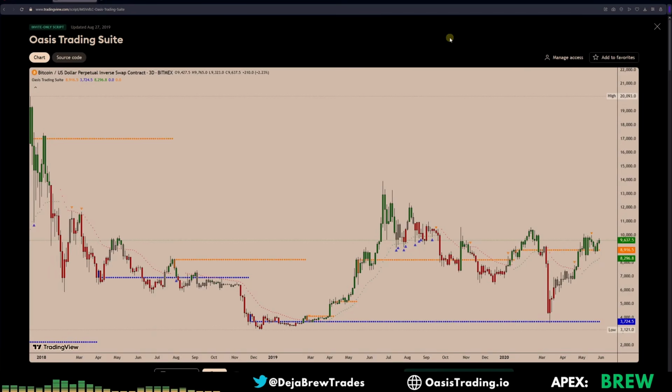Okay, moving on to the Oasis trading suite here, another indicator that I created back in 2019, I believe it was. I think it was finalized around 2019, 2020. This indicator is a little bit different. It's not just used for momentum. It is used for levels, the pivots. Whenever you guys hear me say pivots, it's these blue and orange lines, and they will typically line up very often with the point of origins.